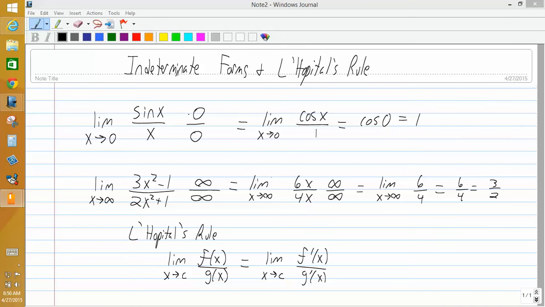Make sure that after you take derivatives, if you still can't evaluate it, that it's in one of these forms. Because L'Hopital's rule will not work if it's 0 over infinity, or 1 over infinity, or infinity over 1. So you need to make sure it's always in one of those indeterminate forms before you use L'Hopital's rule.